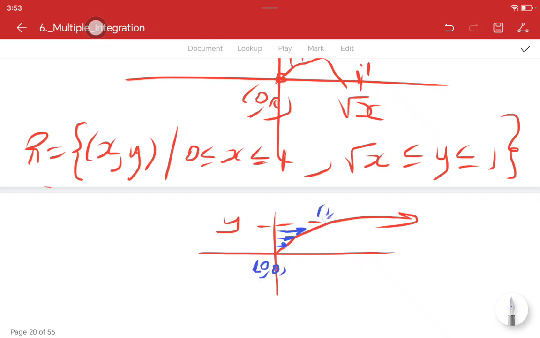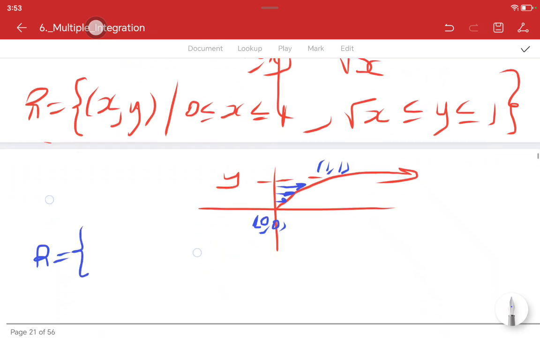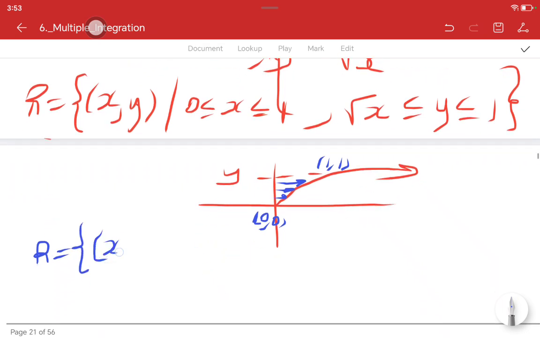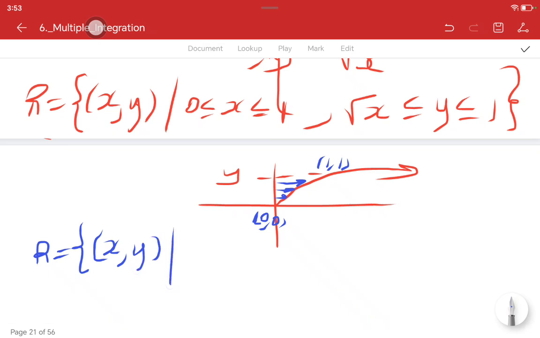This here was 1, 1. Those didn't change. Then now the new region will be x, y. And then we have y here. Now this will be y. Y is moving from 0 till 1.